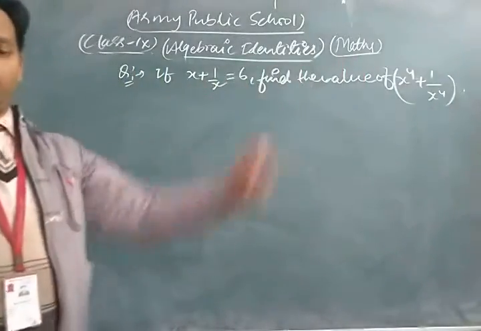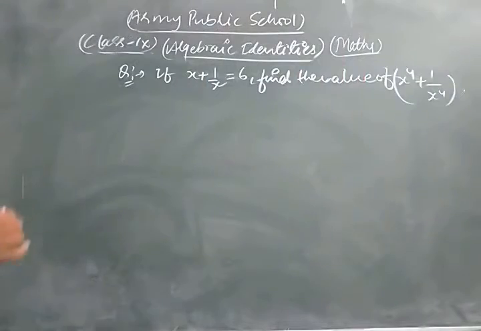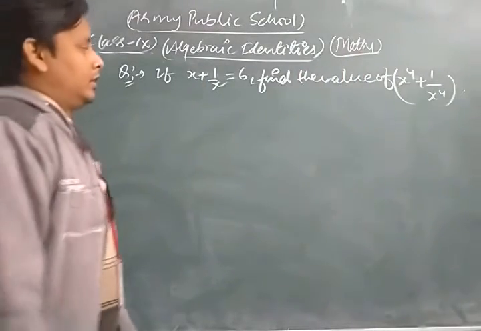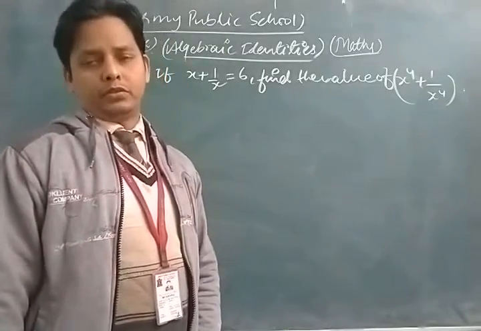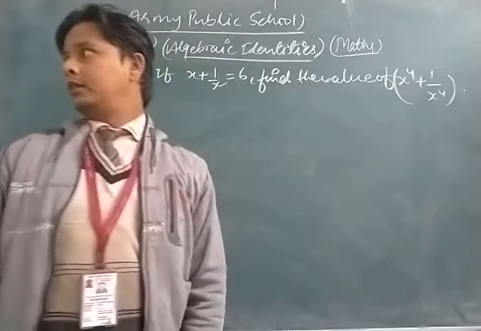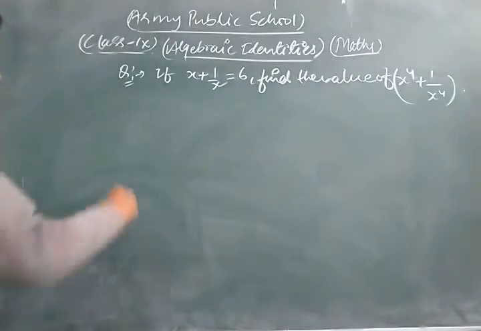Okay, now look, if x plus 1 upon x is equal to 6, then find the value of x to the power 4 plus 1 upon x to the power 4. Okay, now let's see its solution.